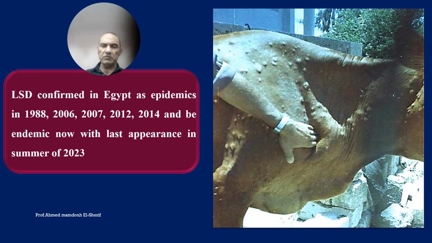This is a picture from the epidemic reported by me in 2006, where lymphadenitis appears here as enlargement of pre-scapular lymph nodes with multiple nodular eruptions of lumpy skin all over the whole body of this infected cattle.